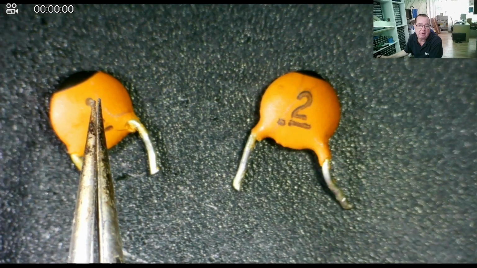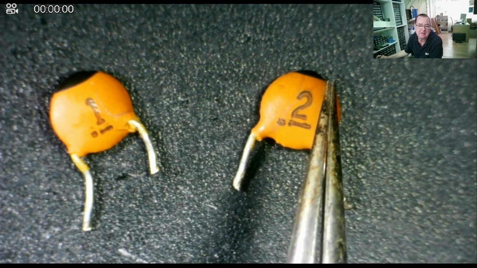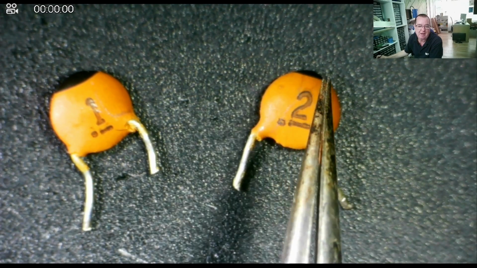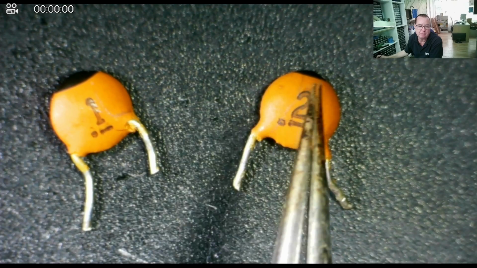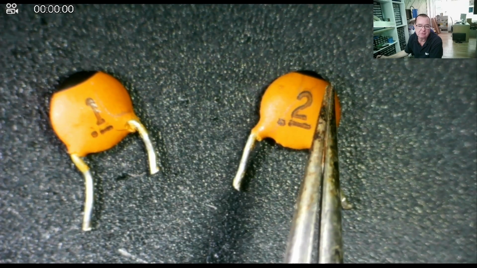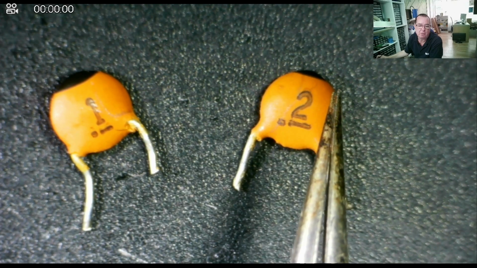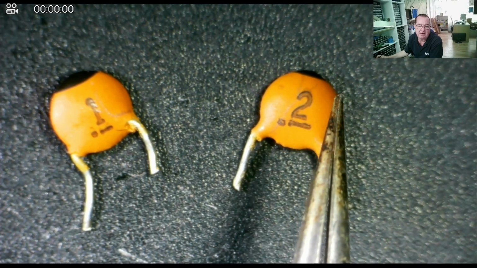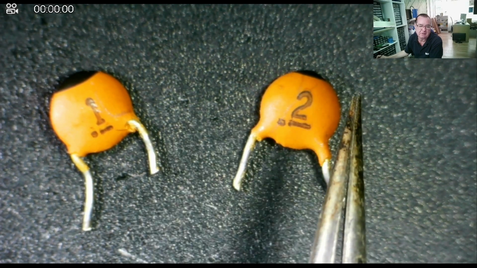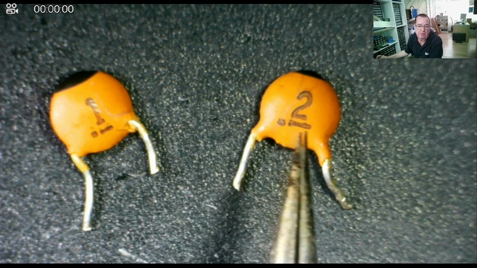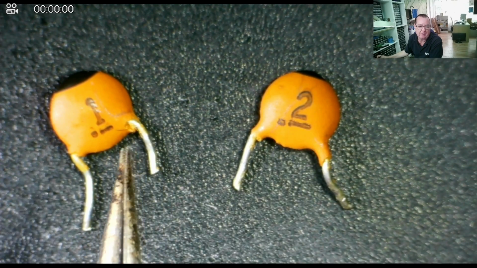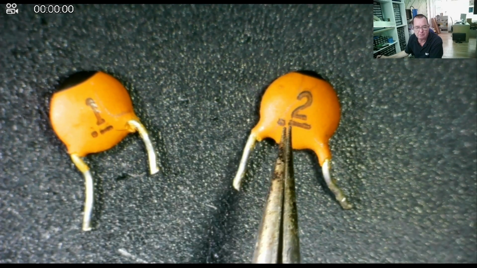The black band at the top, by the way, is a temperature coefficient. You can have different coloured bands, which means different temperature coefficients. The temperature coefficient is how much the capacitance changes plus or minus per degree centigrade. The dot dash underneath, by the way, I wondered if this was Morse code, but I don't think so.